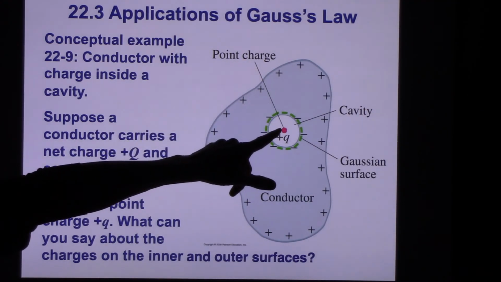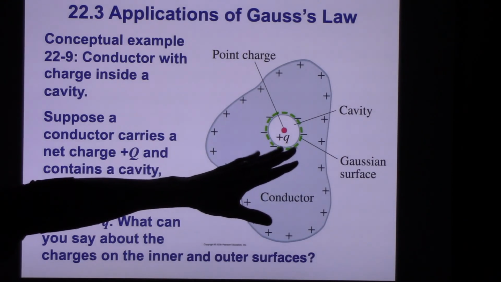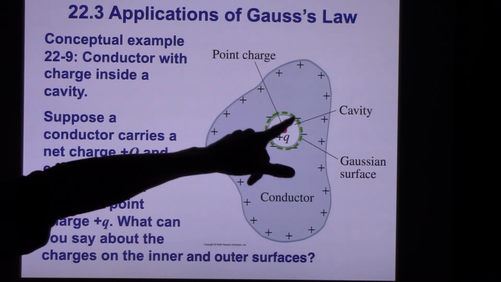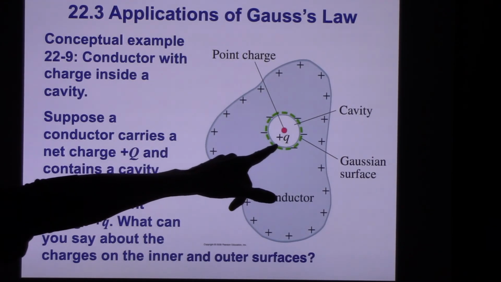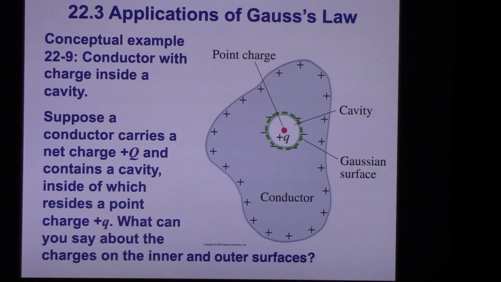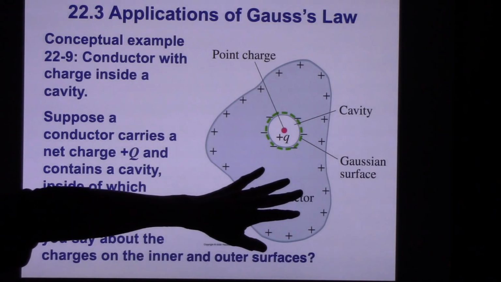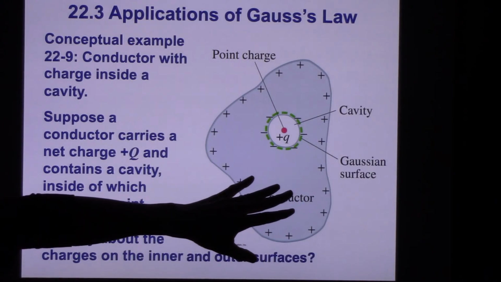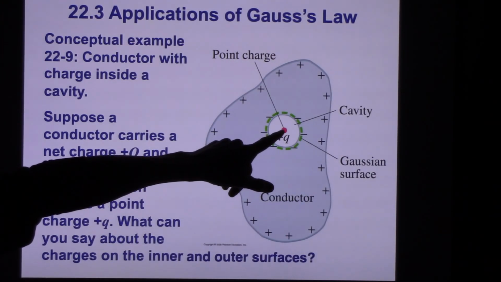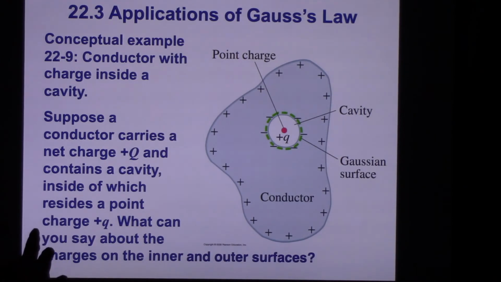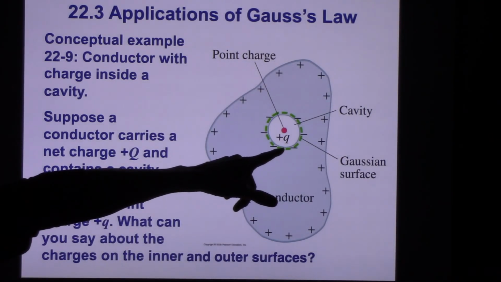Now it's a point charge of plus Q. What that will do is it will draw a charge of negative Q to the inner surface of that conductor. So the conductor itself has no net charge on it, but by placing a positive charge within that conductor, it will draw negative charge to the surface.